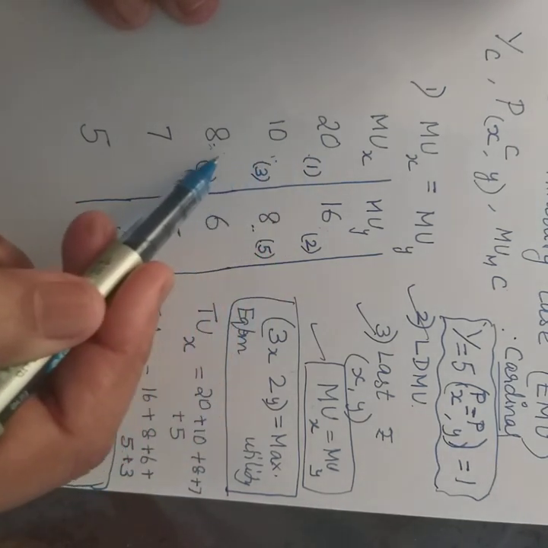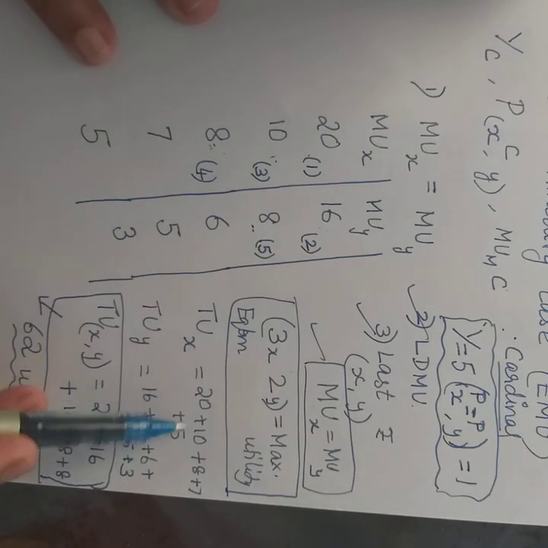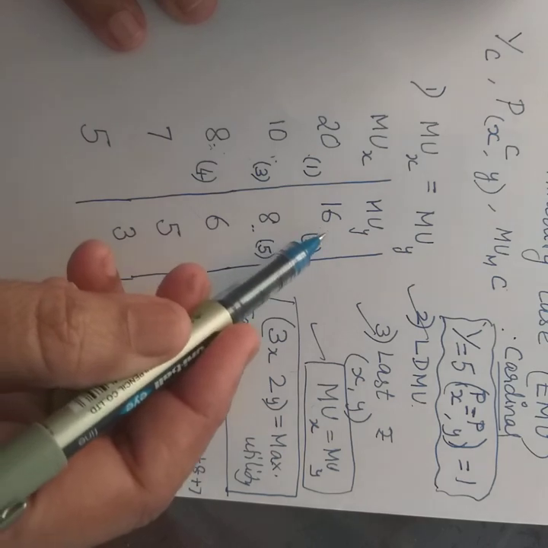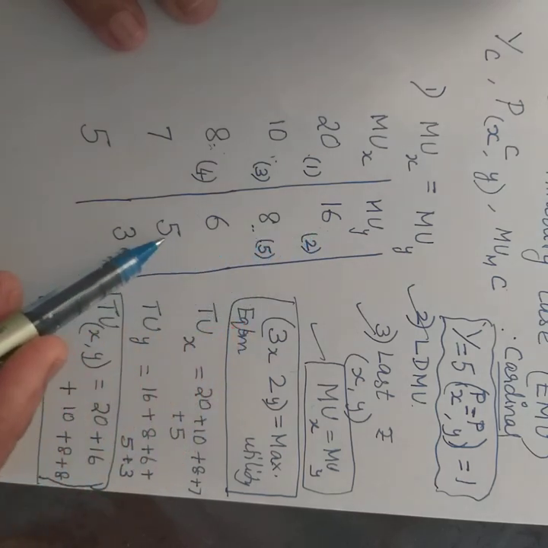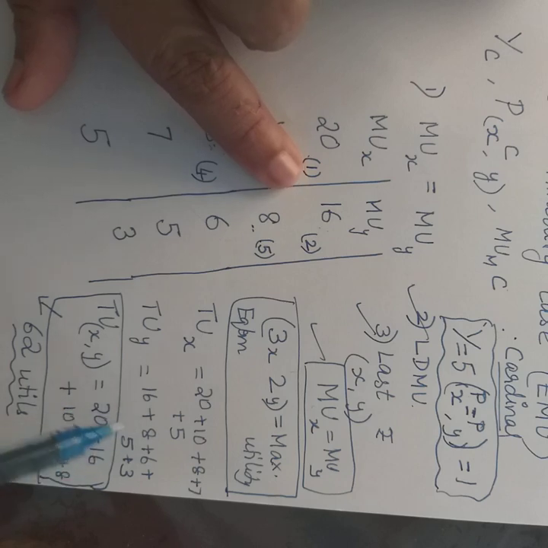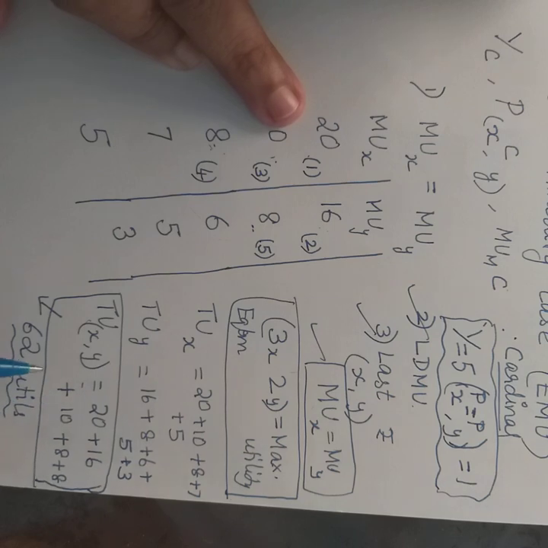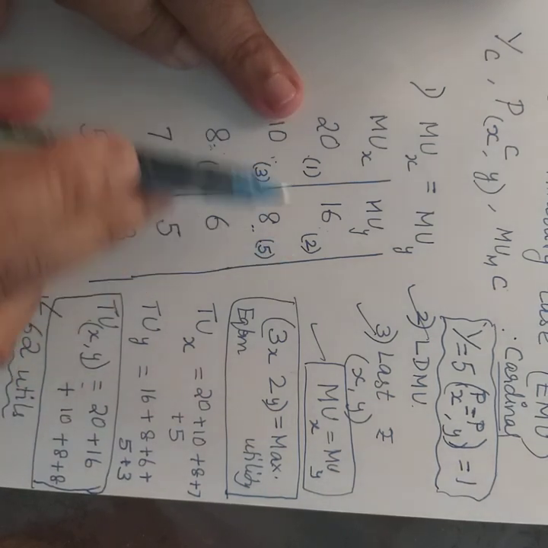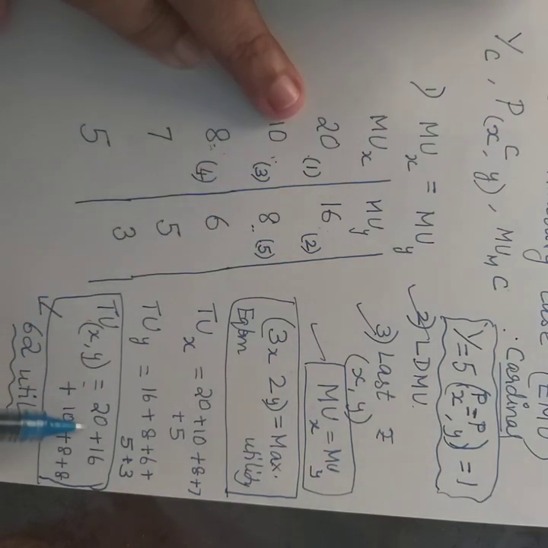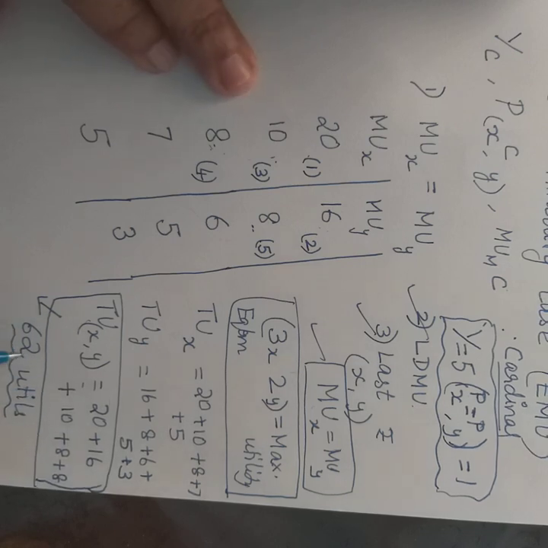Total utility derived by consuming only X is what is shown here. Total utility derived by only consuming Y, the other extreme, is what is shown here. Fine. And then a combination of X and Y. So that will be all the 5 rupees spent in the combination. So 20 plus 16 plus 10 plus 8 plus 8. So that is maximum utility.